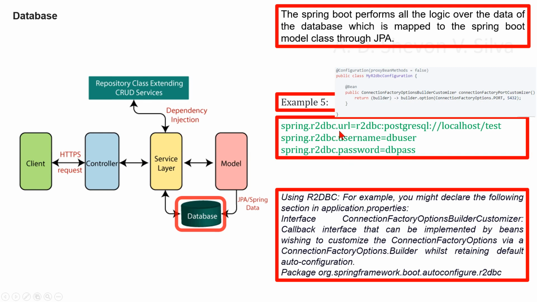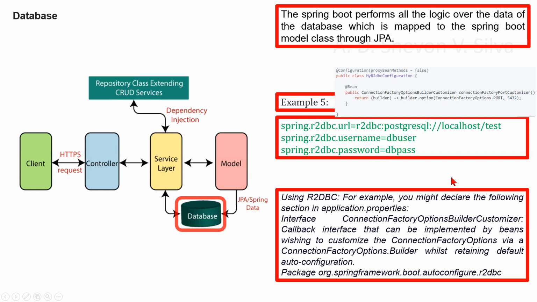You do not need to specify a driver class name since Spring Boot obtains the driver from R2DBC's ConnectionFactory discovery. At least the URL should be provided. Information specified in the URL takes precedence over individual properties, that is name, username, password, and pooling options.